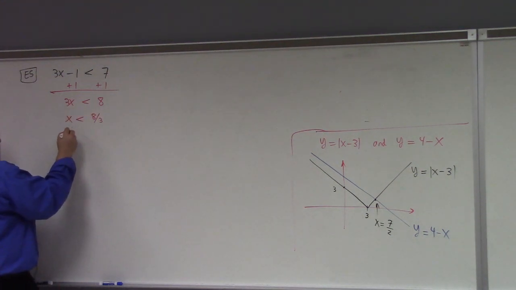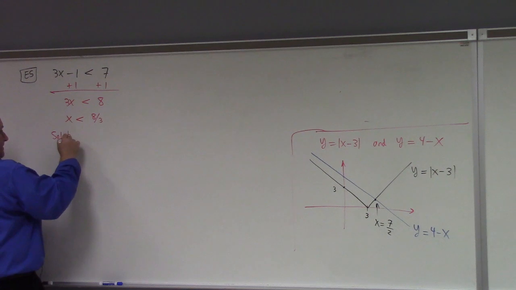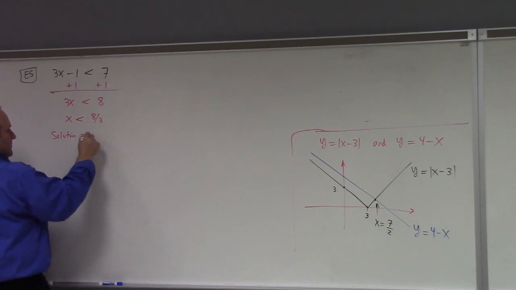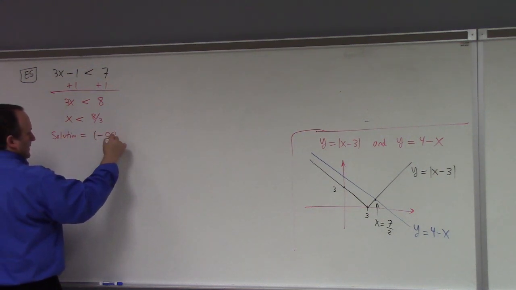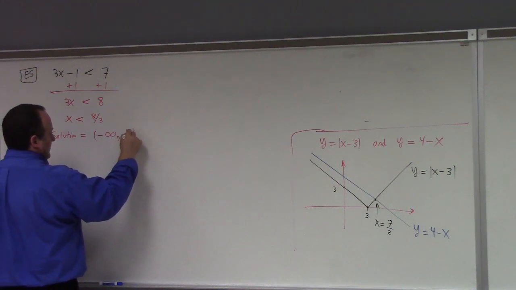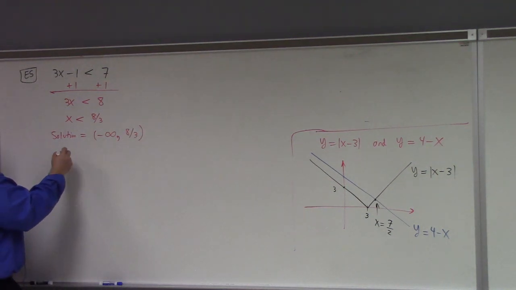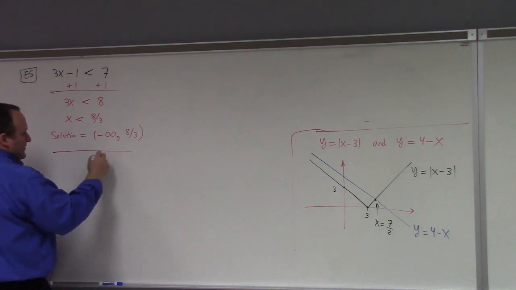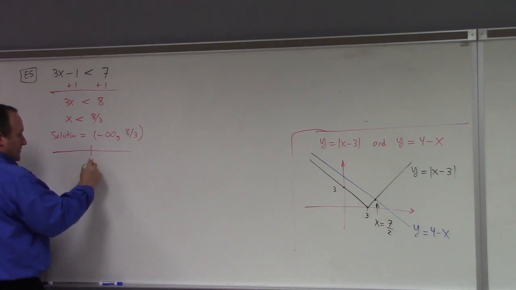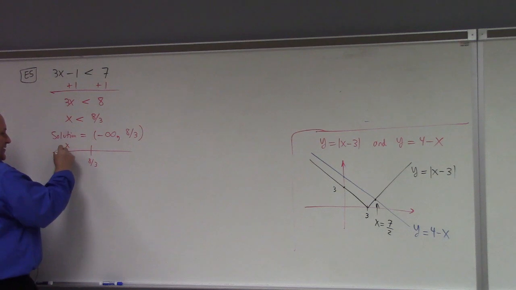So that means that the solution is minus infinity, comma 8/3, not included. See, because in terms of a number line, if you put 8/3 on here, x has got to be like over here, right?